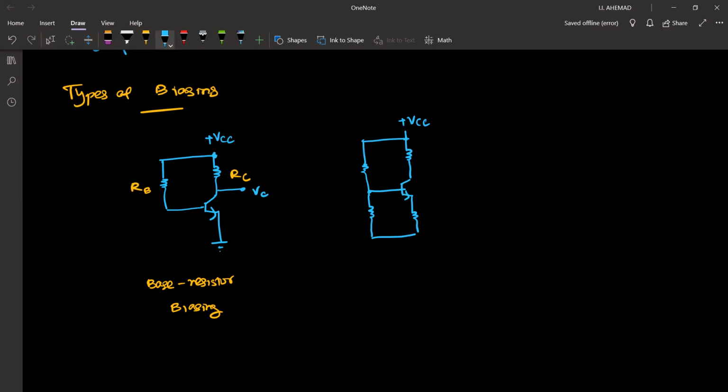We don't need this. So this is, let's say, RB, this is R dash, RC, and RE. So here, this is a potential divider. We call this type of biasing the potential divider biasing.